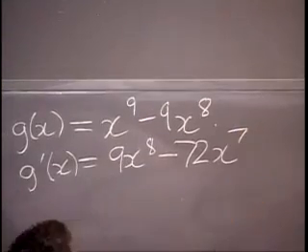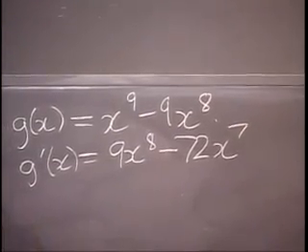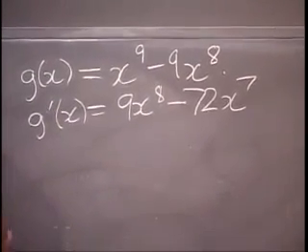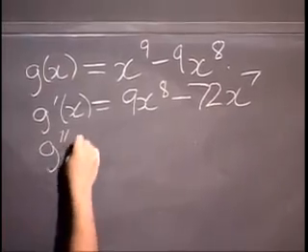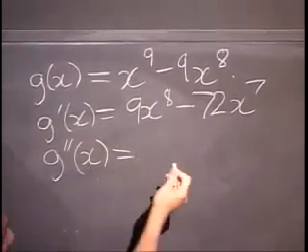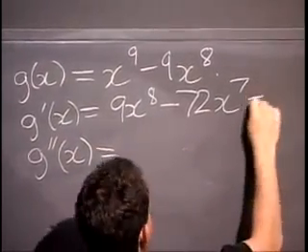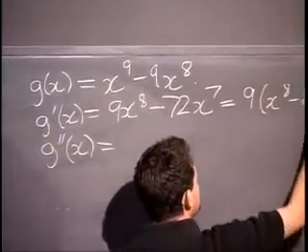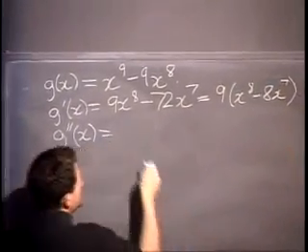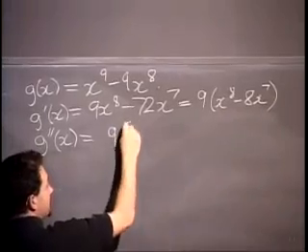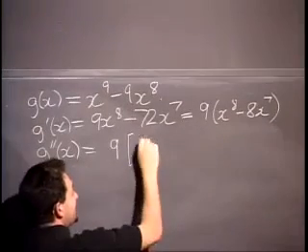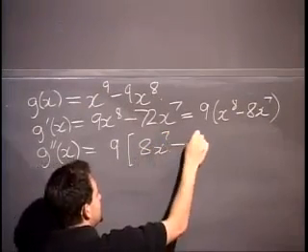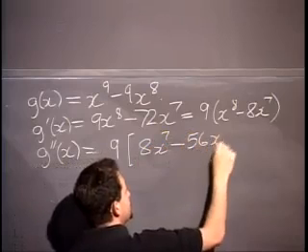If I take one derivative, I get 9x to the 8th minus 72x to the 7th. If I take another one, actually, let's take out a factor of 9 first. You will find you get 9 outside of 8x to the 7th minus 56x to the 6th.